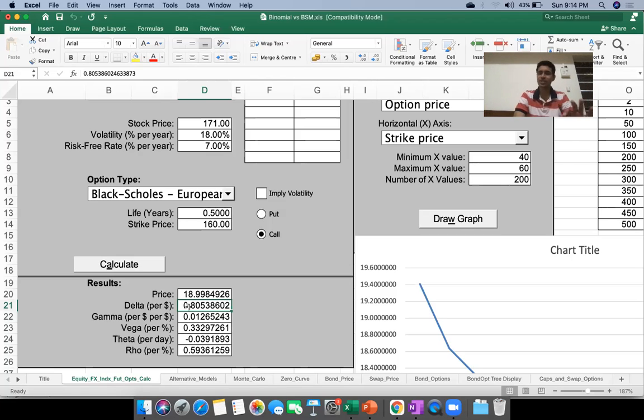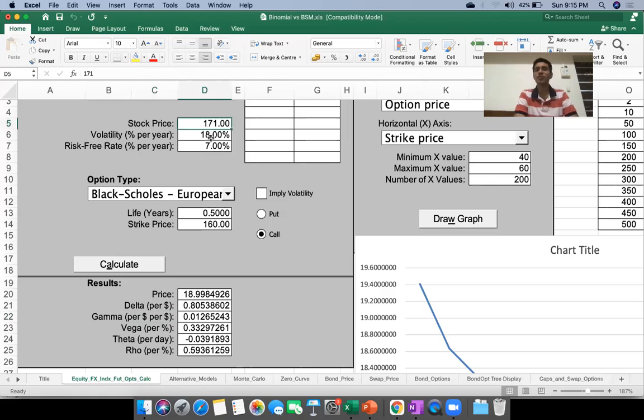I didn't have any intention of showing it, but since we calculated and the delta changed, and some of you might have noticed it, I'm just giving a passing reference that delta itself keeps changing. Delta is not constant. The change in delta is what is measured by gamma. That's it. I'm not going to mention anything beyond this.